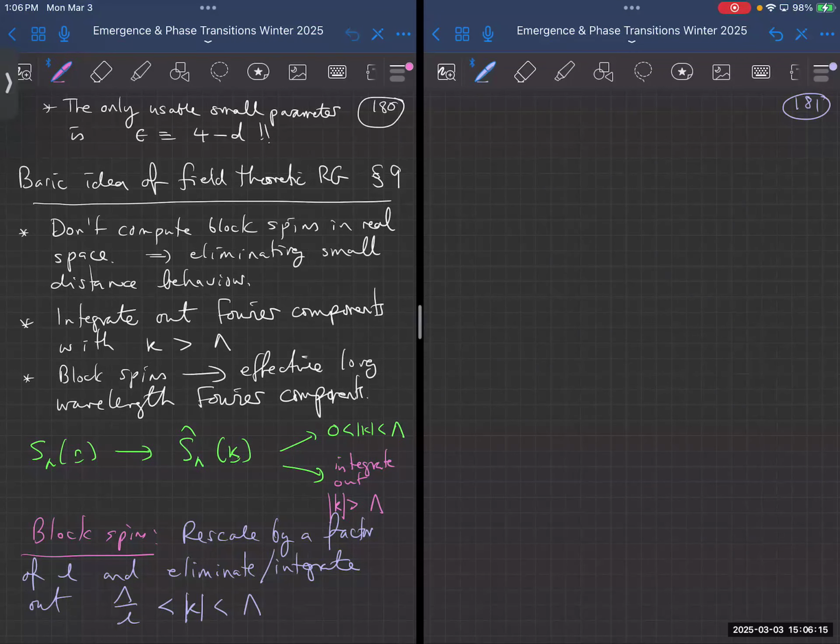So what we're going to end up with is renormalization group recursion relations for R naught and U naught, and those are going to be the coupling constants.